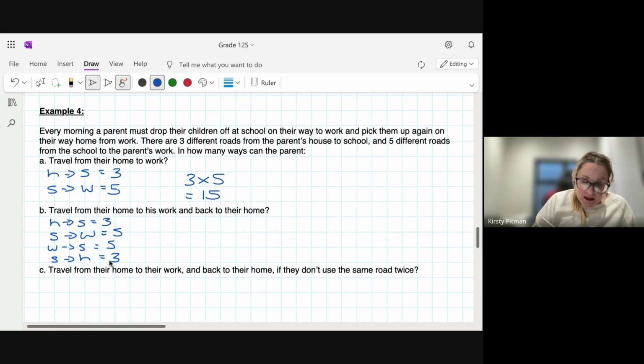And that gives me 3 different options. So 3 times 5 times 5 times 3. Well done. 225 options.